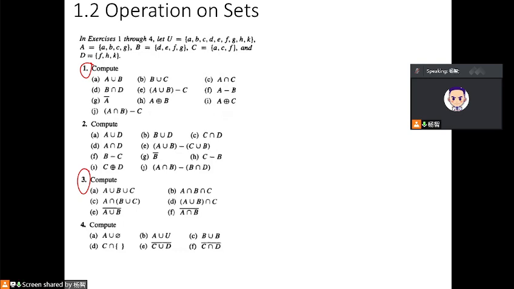Exercises 1, 3, and 4 are for you after class, and we will check them together tomorrow.